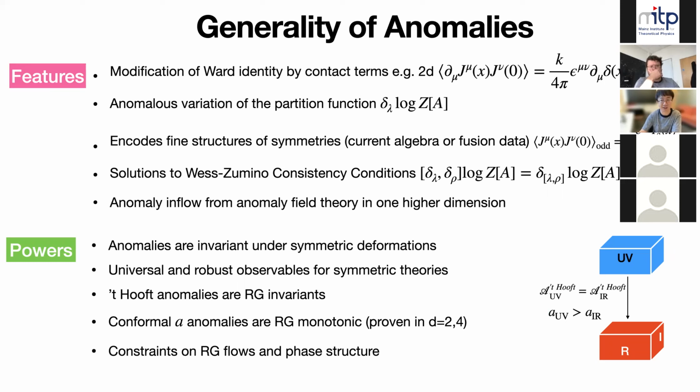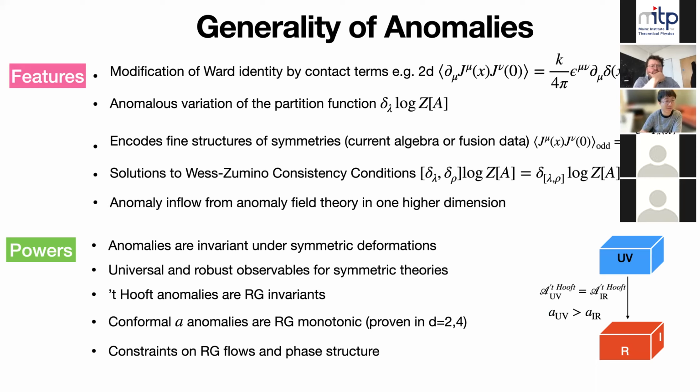Okay, and the contact term involves this derivative of a delta function, which means that the conservation is obeyed as long as these operators are away from each other, but can be violated at the coincident point. Okay, and the non-trivial information of the anomaly is captured by this coefficient, which is also known as the anomaly coefficient.